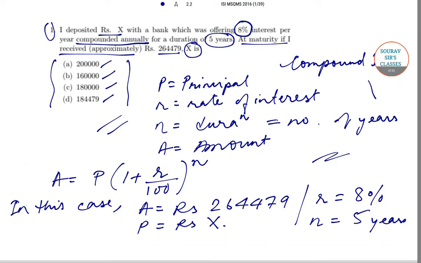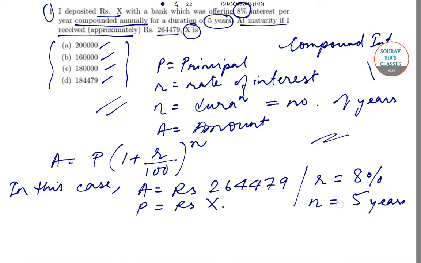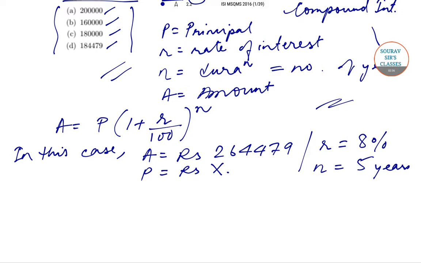So by using the formula we'll find out the value of X. So here 264479 is equal to X into (1 plus 8 by 100) to the power 5.